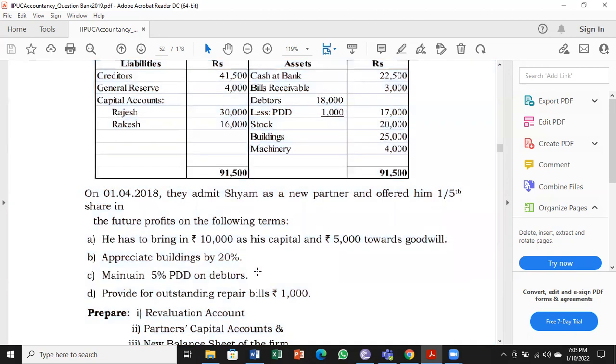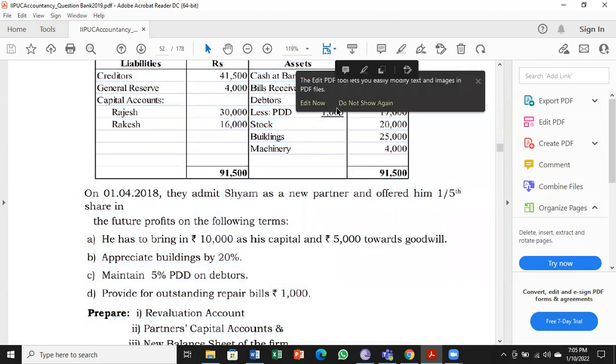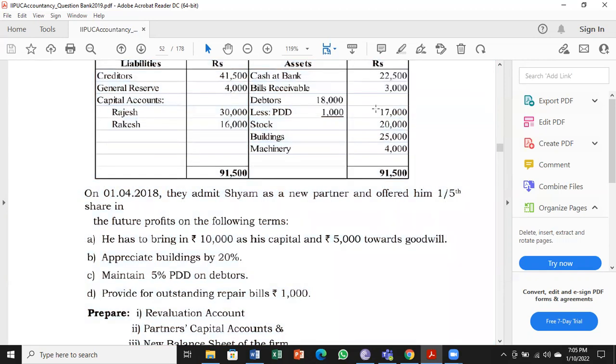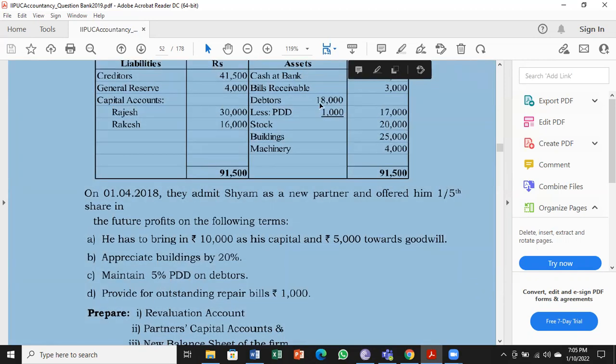So in the new balance sheet, it is 5%. So how do we go ahead? Let's see. 5% of 18,000 is only 900 rupees. That means they want PDD as 900. That is less than 1,000. So PDD is reduced.